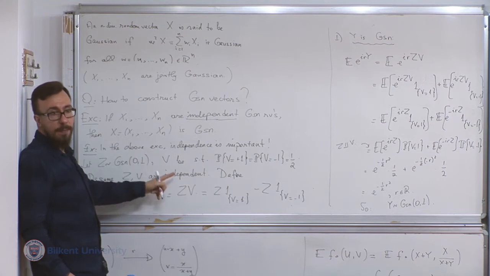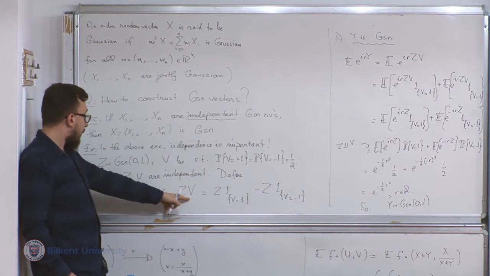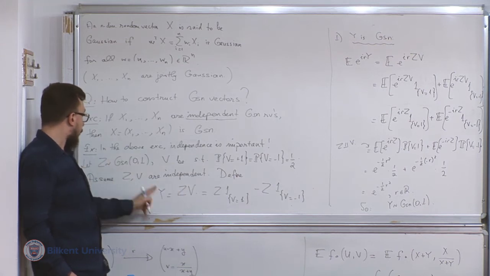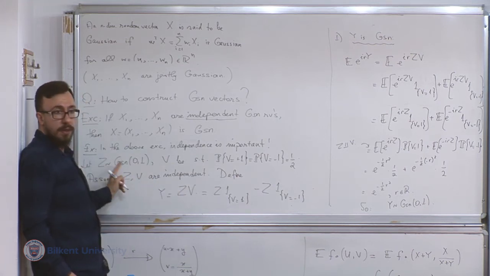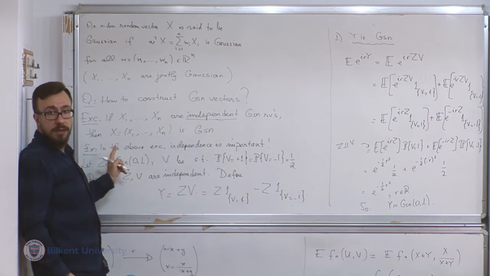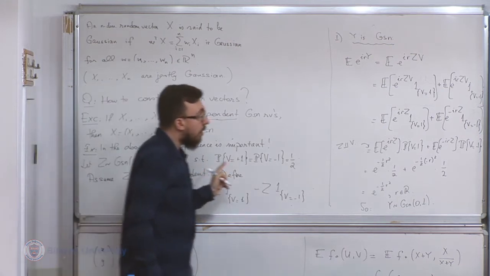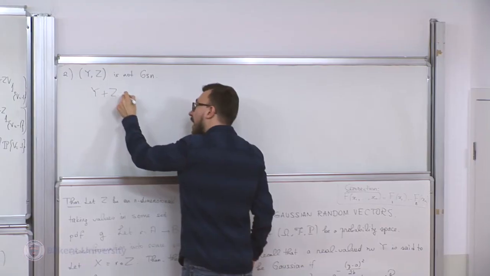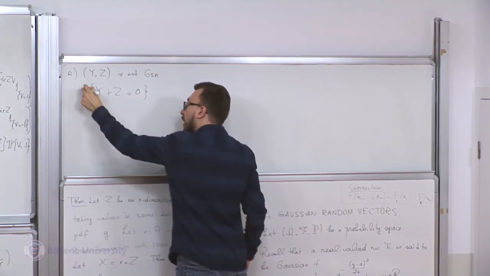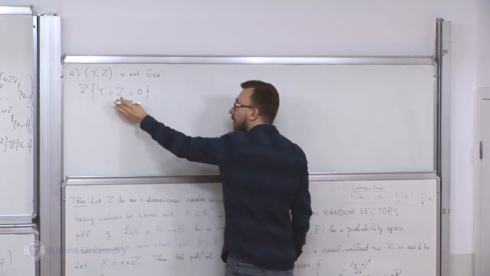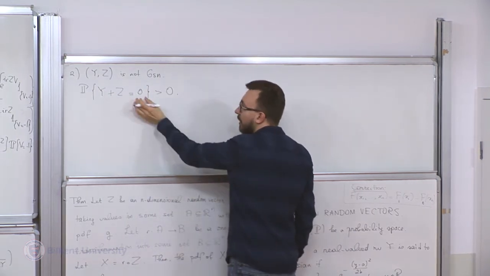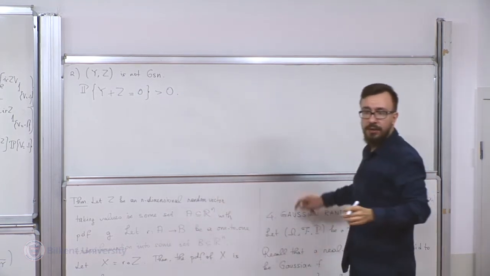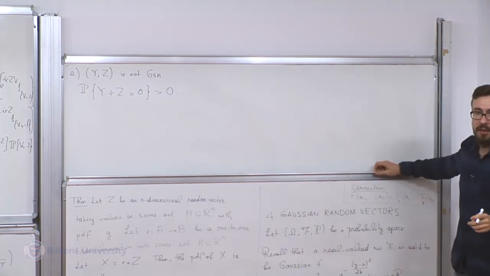What is their sum? When V is minus 1, what is the sum of Y and Z? 0, right? So if some random variable Y plus Z has strictly positive probability of being 0, what can you say about this random variable?